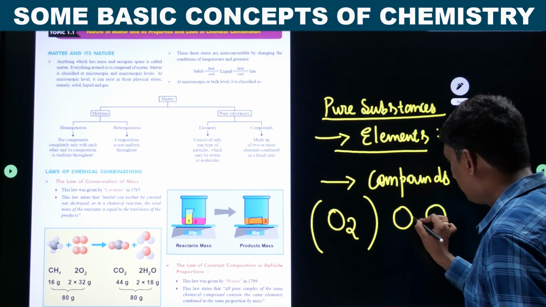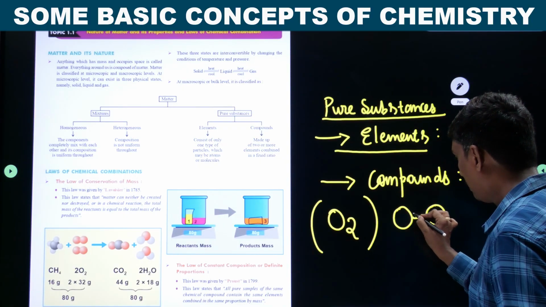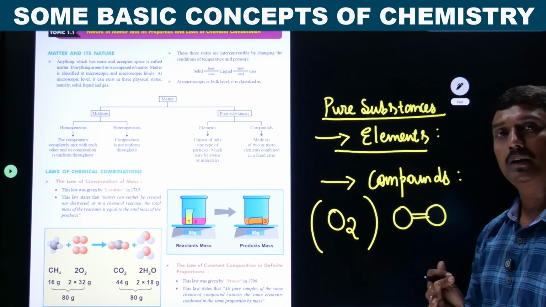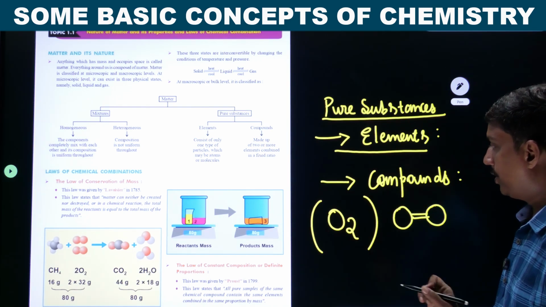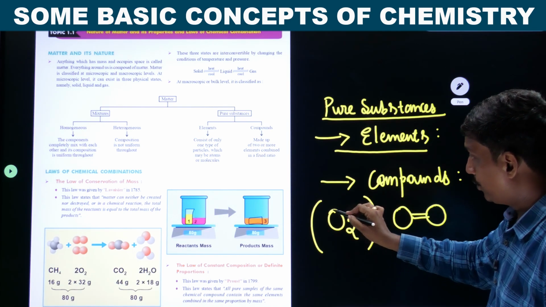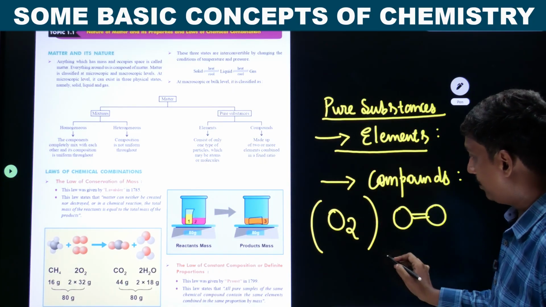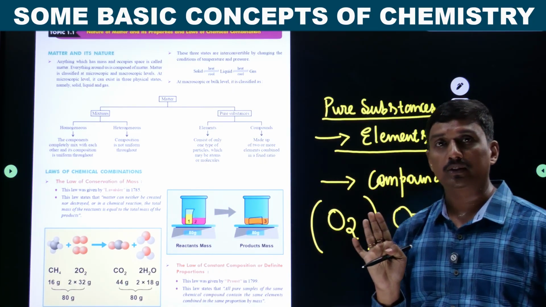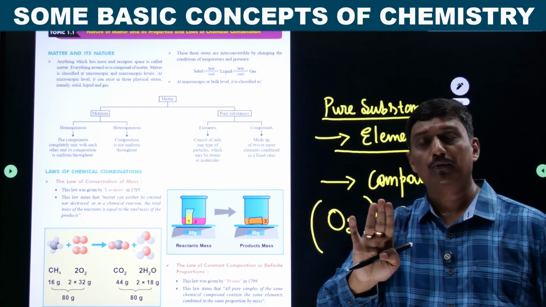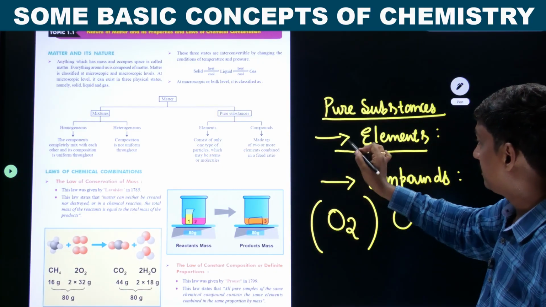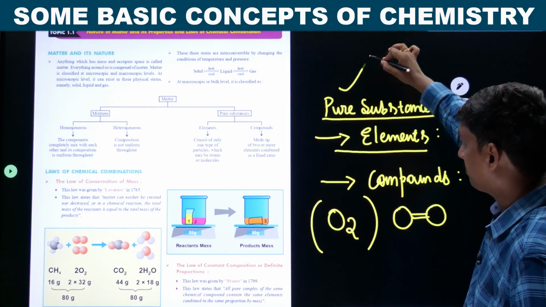These two atoms of oxygen are combined chemically to give O2. In this you will find only the atom of oxygen. You won't find any other thing apart from the oxygen atom. Hence it is said to be a pure substance.